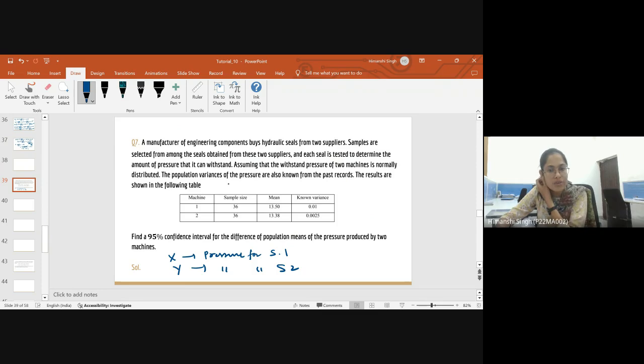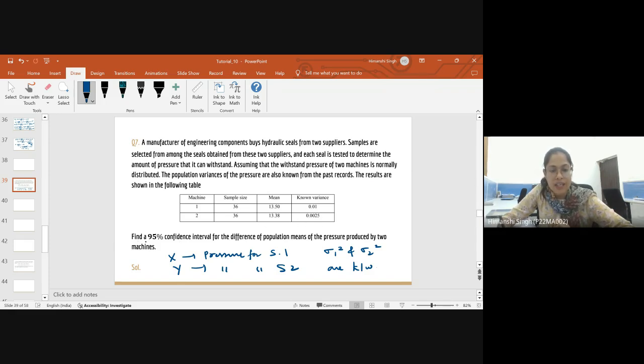The population variances of the pressure are also known, so sigma 1 square and sigma 2 square are known. From the past records, the results are shown. Here we have the sample sizes, the means and the variances.